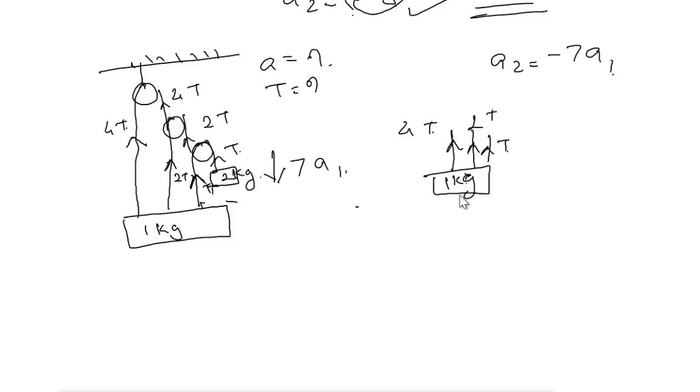How much force is acting downward on the 1 kilogram mass? 10 Newton, which is mass times gravity, acts downward.